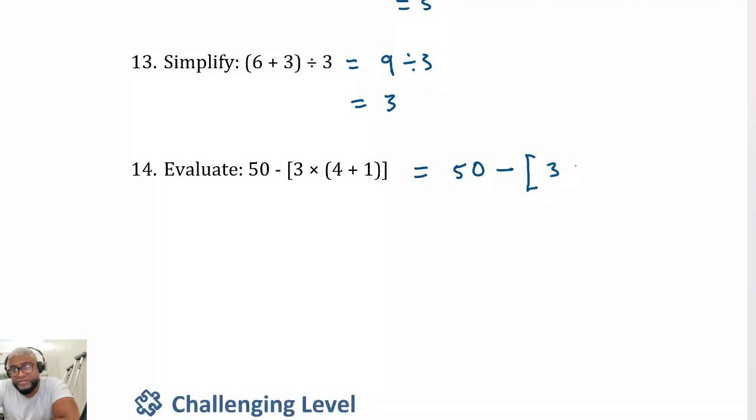We've got to do the 4 plus 1 first. 5, sir. And then 3 times that is 15. And 50 minus 15 is 45.